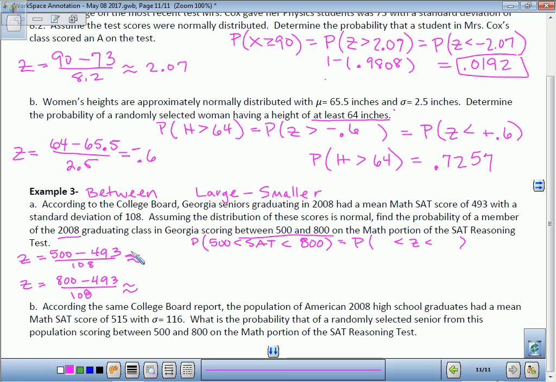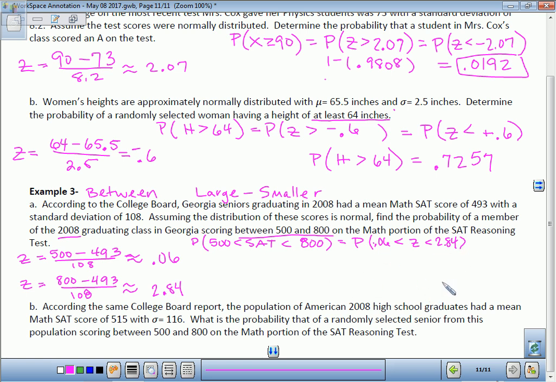So 500 minus 493, divide by 108, round to the nearest hundredth, this is 0.06. 800 minus 493, divide by 108, is 2.84. So this is 0.06. This is 2.84. So we have to find those two and subtract.